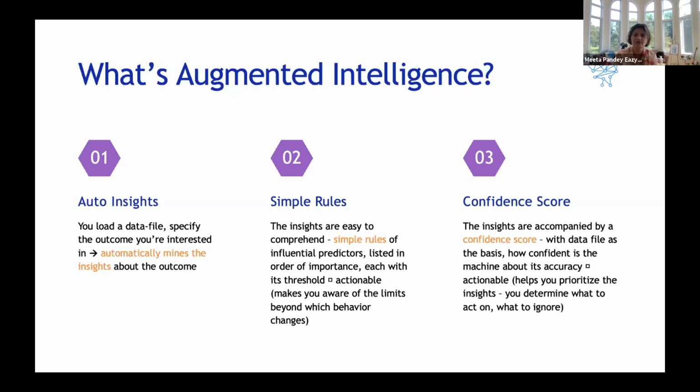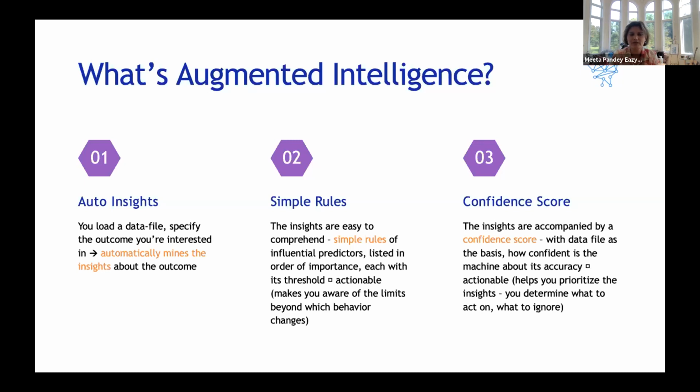Augmented intelligence objectively mines insights. It doesn't have any preconceived notions or biases. So it helps make the analysts more productive because they can take these raw insights, refine them, generalize them, package them with graphs and rich reports, and construct a story.